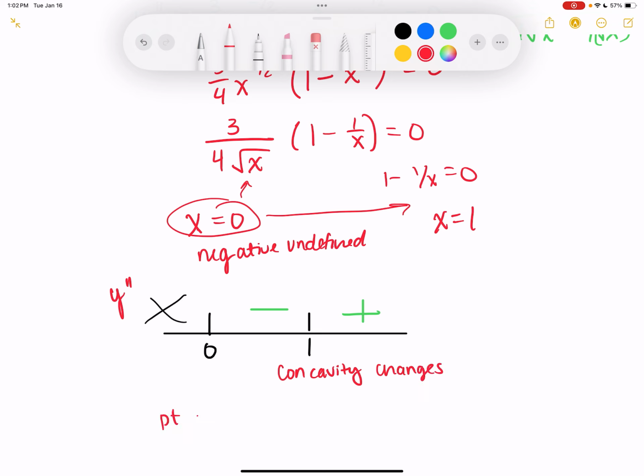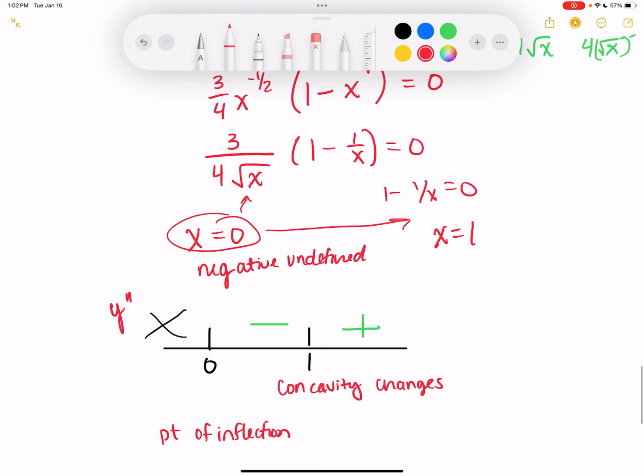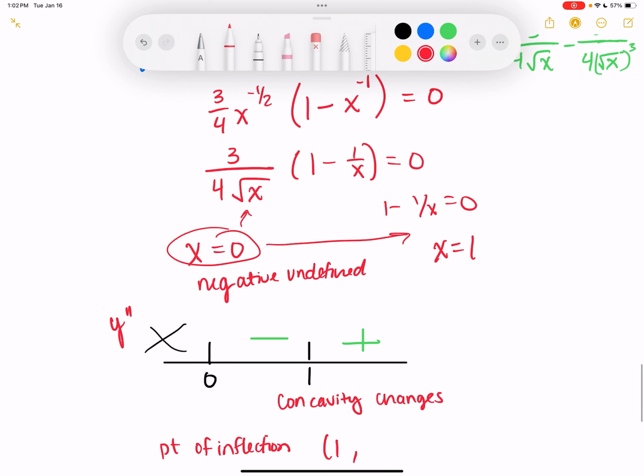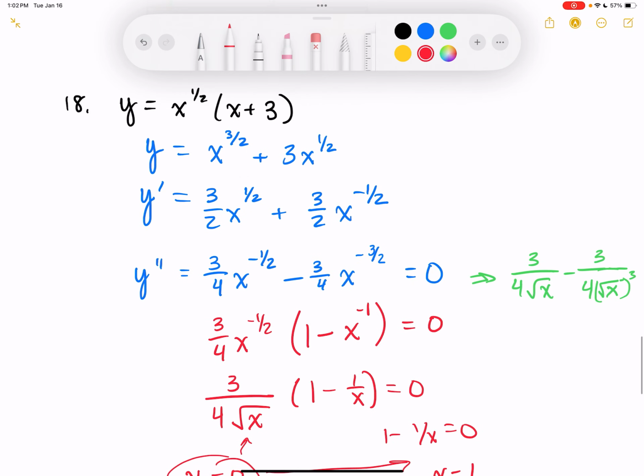So, point of inflection. At 1, if we plug 1 into the original up here, what do we get?